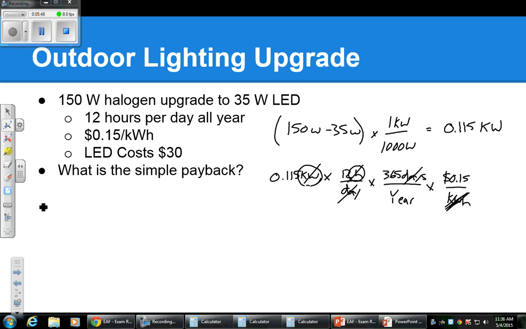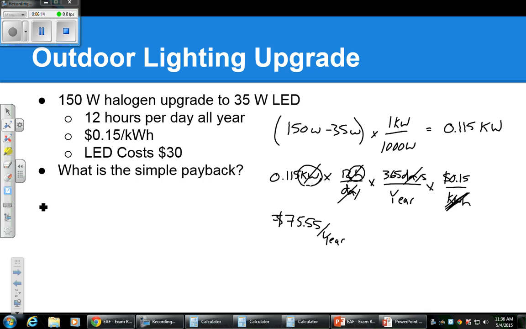So 0.115 times 12 times 365 times 0.15 is about $75 in savings: 75.55 dollars per year.